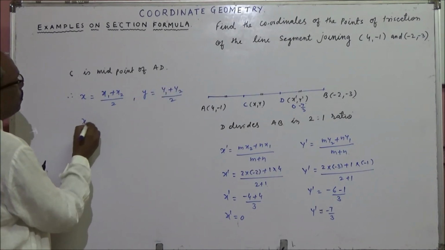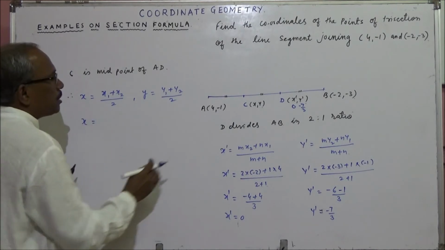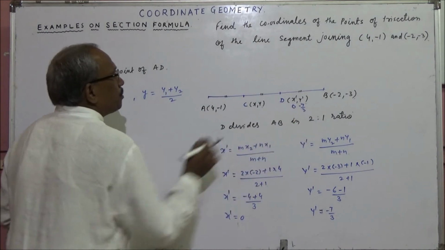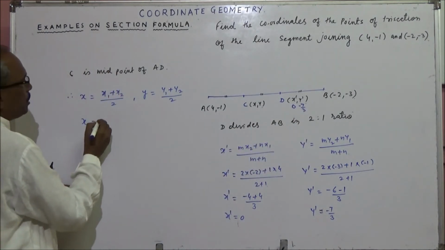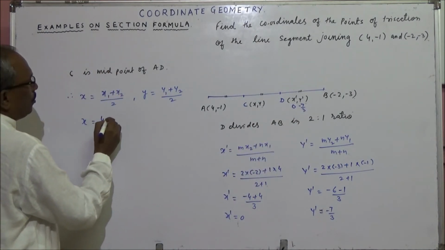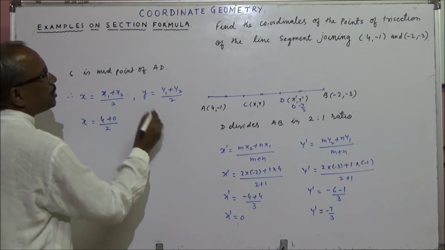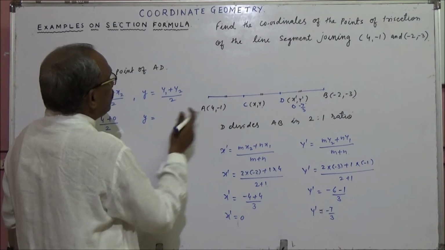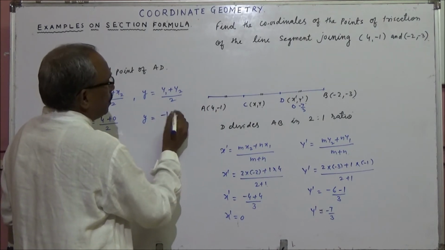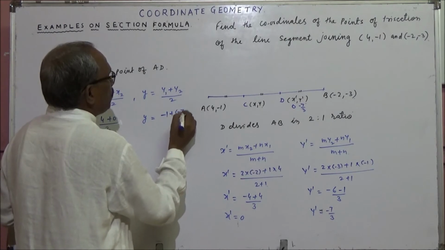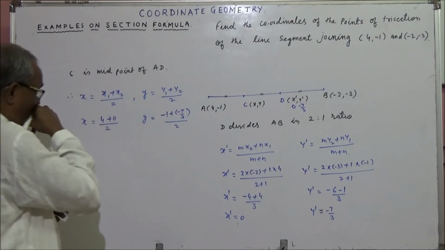Let us call these x1, y1 and x2, y2. So x1 is 4 plus 0 upon 2, y1 is -1, y2 means this plus -7 upon 3, upon 2.